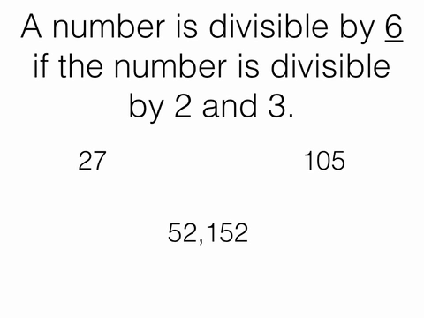However, if I look at this next example, I do have a number that is divisible by 3 in the fact, whoops, let's make that a 6. 1 plus 0 plus 5 equals 6. But it's not going to be divisible by 6 because it's not an even number. However, this last number, 52,152, it's an even number and the sum of the digits is divisible by 6. So this number is divisible by 6.